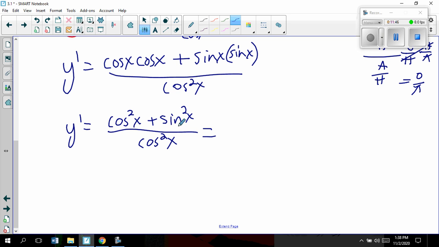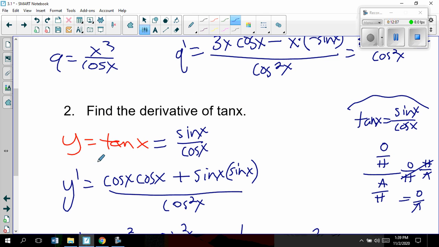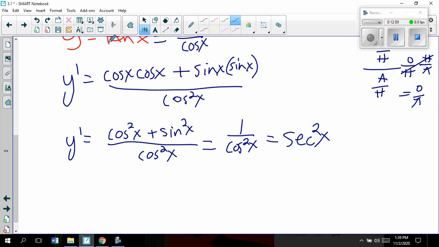There's one that can show up on your AP test, and it's this one: cosine squared plus sine squared equals 1. So this is 1 over cosine squared. And if you remember your reciprocal functions, 1 over cosine is the same as secant, and then it's just squared because of that. So the derivative of tangent is secant squared, which was one of your rules, and you've already been told that, but just to prove it to you.